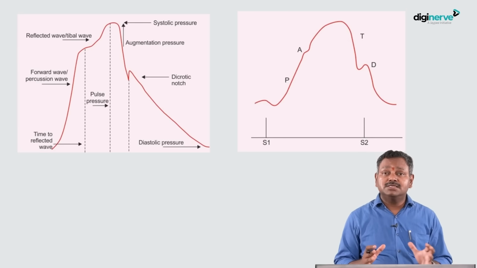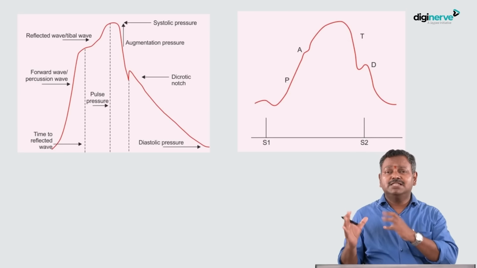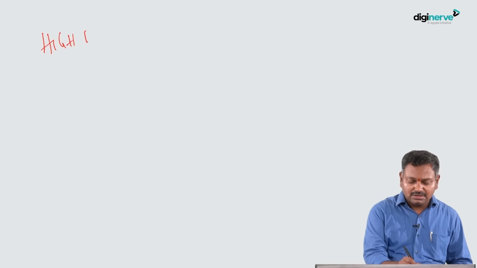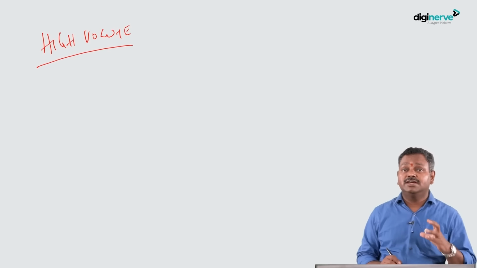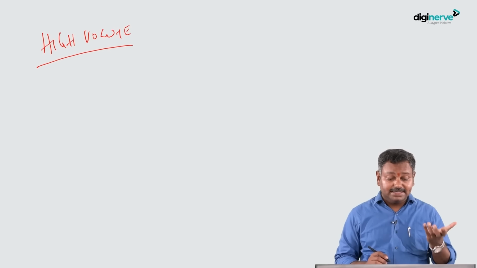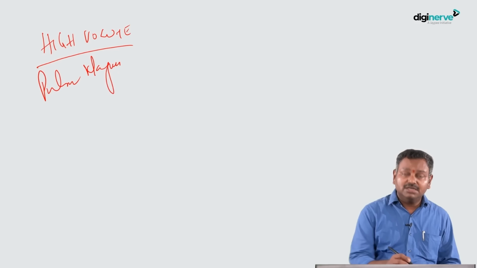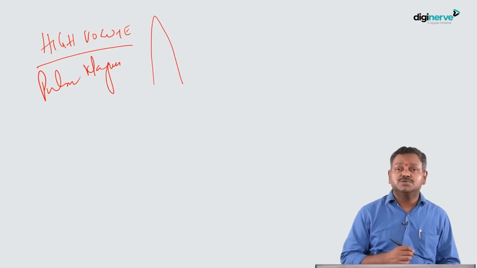So, we could have pulses which are high volume and we could have pulses which are low volume. If you see the high volume pulses, all of you know how to check the high volume because we have already said the pulse pressure is more than 60. Now, high volume pulse, what we call the pulsus magnus, that would be the most important one, the very big volume pulse.